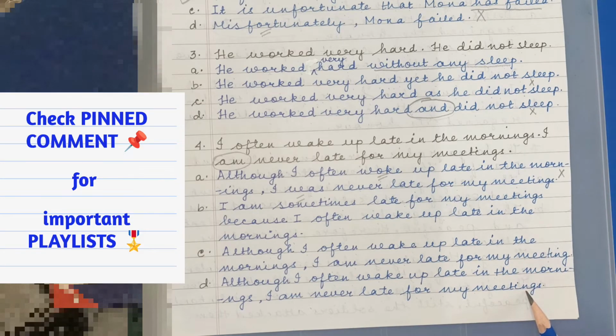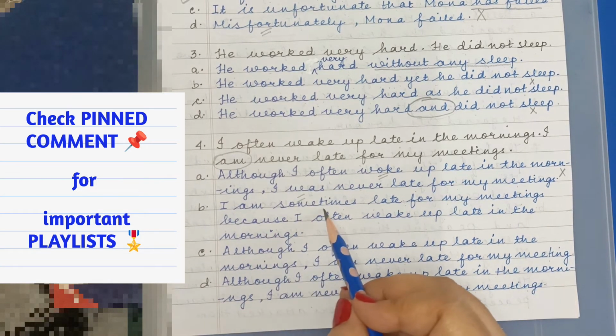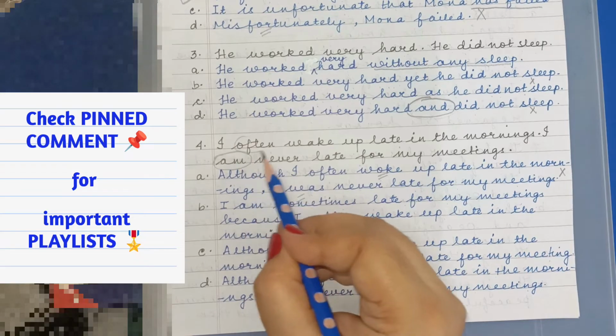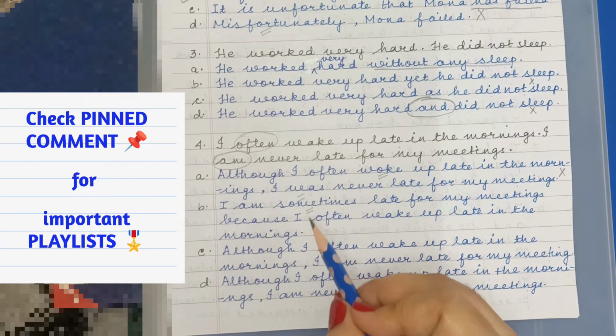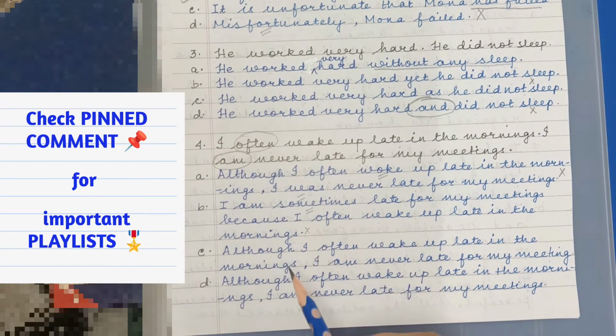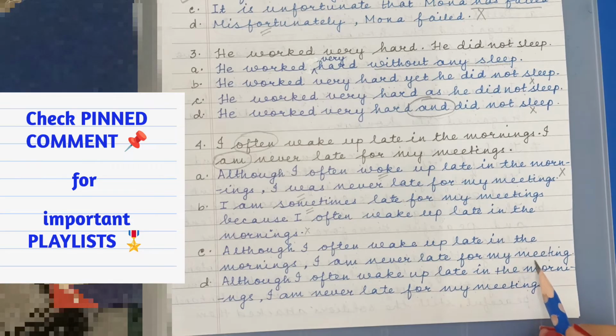Similar options. Did I make a mistake? Well, let's analyze the three options. I am sometimes. I often and not sometimes, hence eliminated. Although I often wake up late in the mornings, I am never late for my meeting.